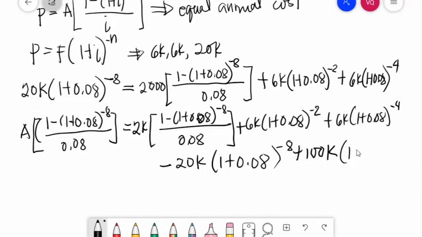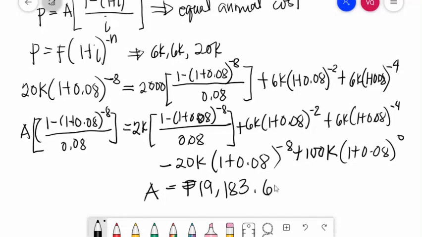So, 0.08 raised to 0 is 1. A now will be equal to 19,183.691 pesos.